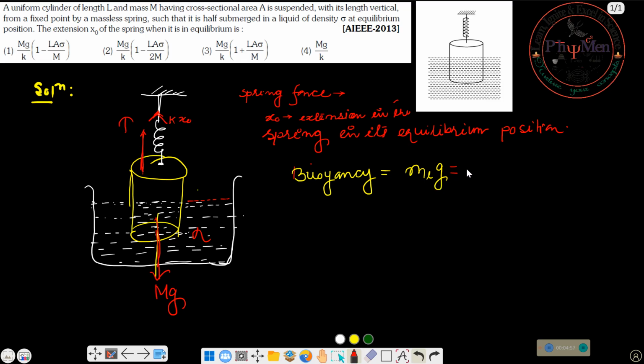Now this buoyancy is equal to m_l into g. Mass of the liquid displaced is the density of the liquid and the volume of the displaced liquid into g.